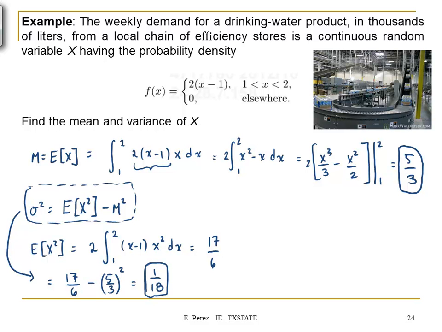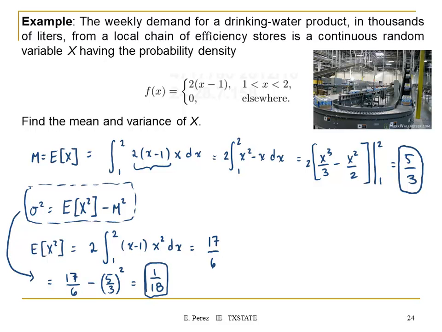Any questions? It's quite simplistic, but how did you add in the x variable at first? Here you have parentheses x minus 1 parentheses x, and the original function shows no x.